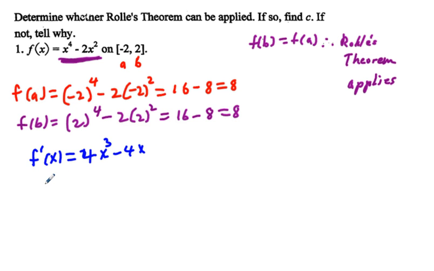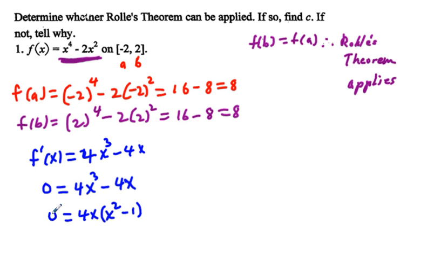And where f prime of x is 0, we're going to have 4x cubed minus 4x equals 0. Solving for x, we take a greatest common factor out of this, and that would be 4x, times quantity x squared minus 1.